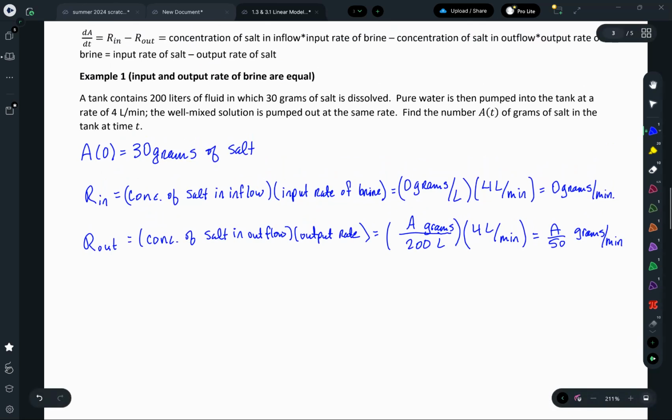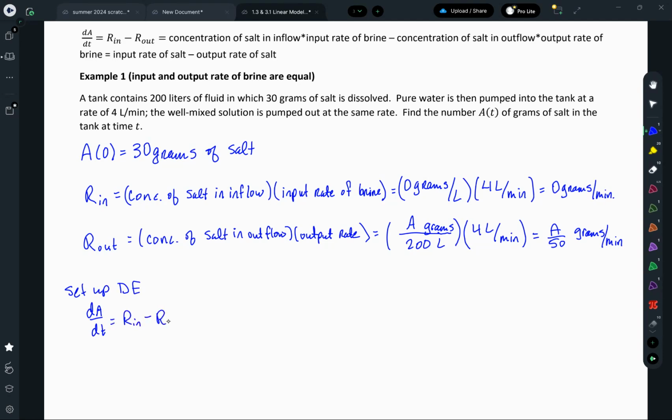Let's do our setup of the differential equation. dA/dt is R in minus R out, but R in is 0. So dA/dt is simply negative A over 50. Well, we can integrate that. I would move the A to the left-hand side and the dt to the right-hand side.